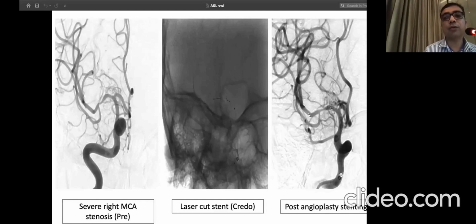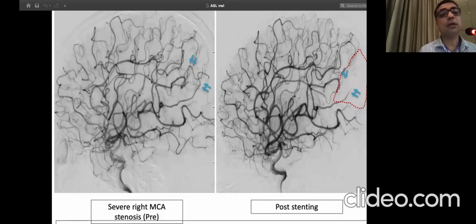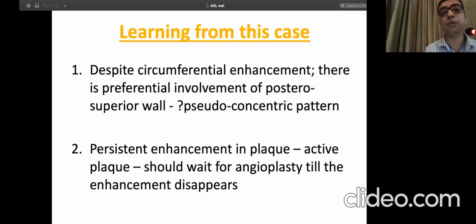The moment we put the Credo, the clot migrated and we had a distal embolism above, which fortunately was in the right territory, and the patient was already on optimum medical therapy. With a low dose of GP2B inhibitors we were able to dissolve the clot, and the patient woke up well and did well after the procedure.